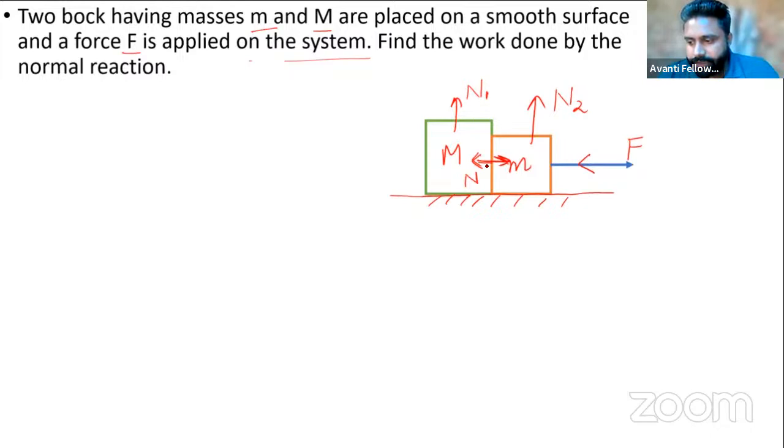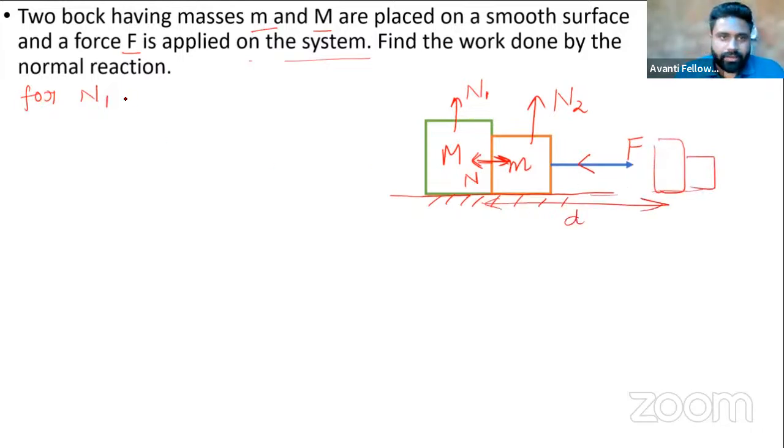Now, if you see the work done by the normal force, for N1 we are going to calculate first. For N1, the block will be displaced by a distance d over here. This is the displacement d. Now, the work done by N1 is equal to N1 dot d.